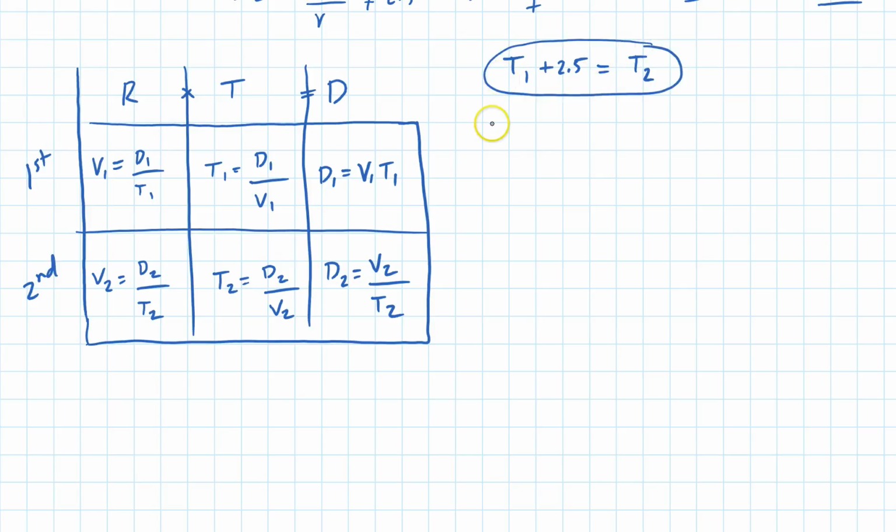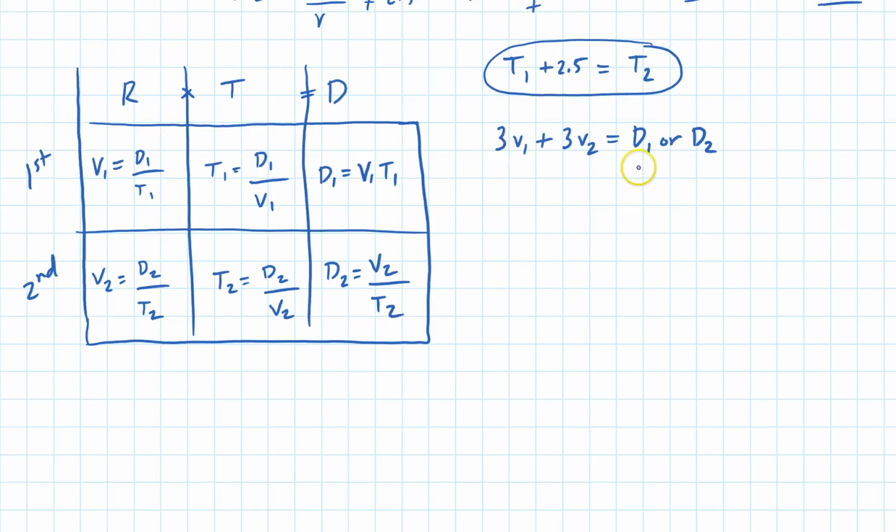I also figured out that 3 times the velocity of traveler 1 plus 3 times the velocity of traveler 2 would give you the total distance, which I'm going to say is d1 or d2, since after 3 hours they met in the middle, so that would cover the total distance.